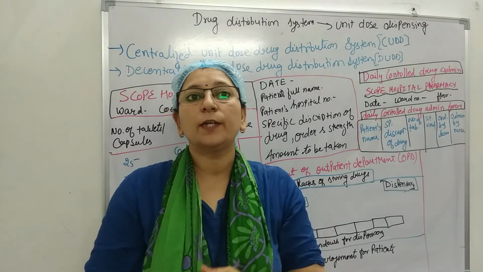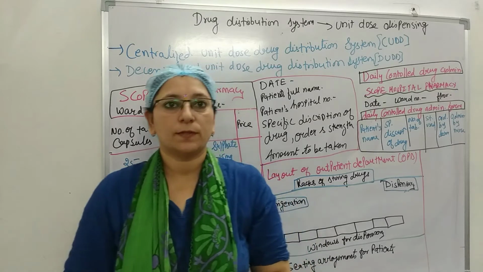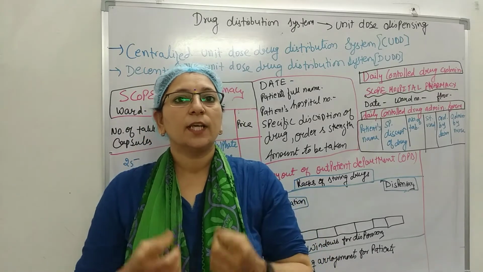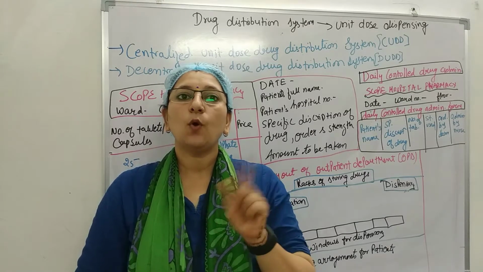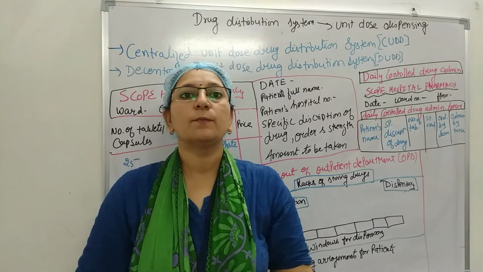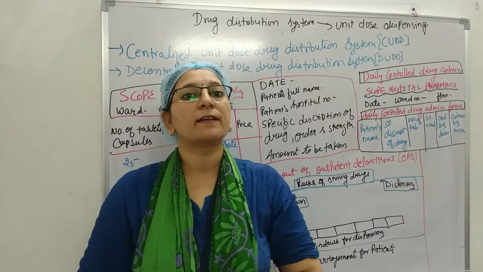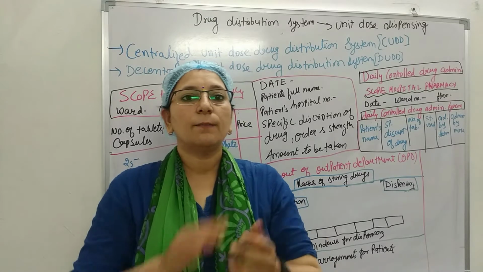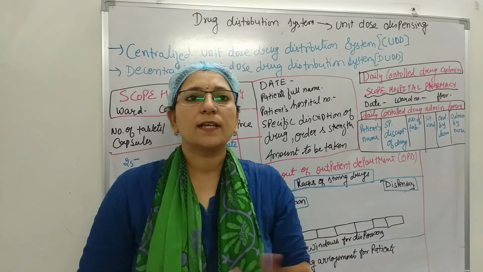It is a unit dosage form like tablets, capsules, single unit dose. Advantages: the patient receives improved services and is charged for only those doses which are administered. Nurses get more time for direct patient care. Medication errors are reduced. More space is available in the nursing station by eliminating bulky floor stock. So these are the advantages.